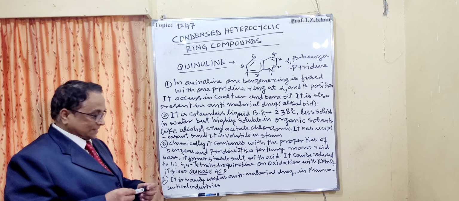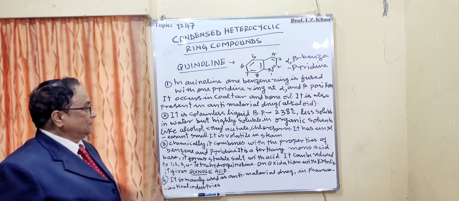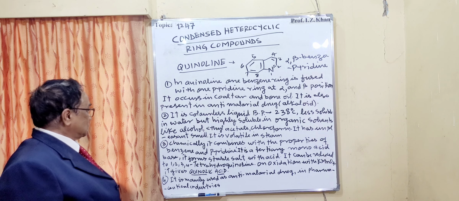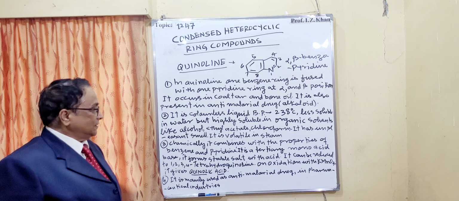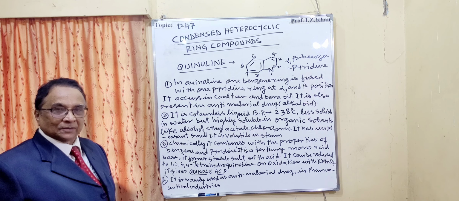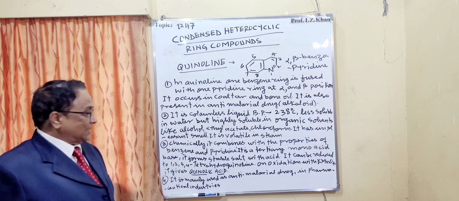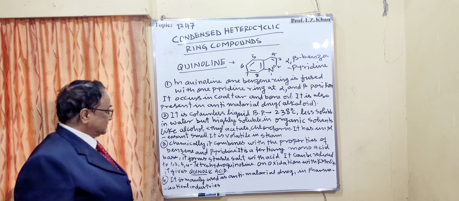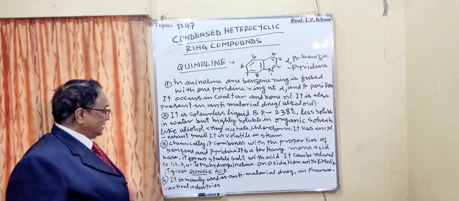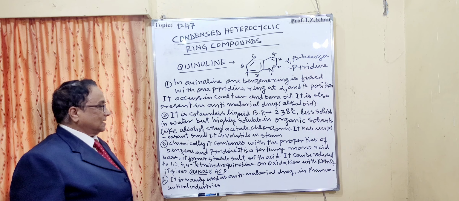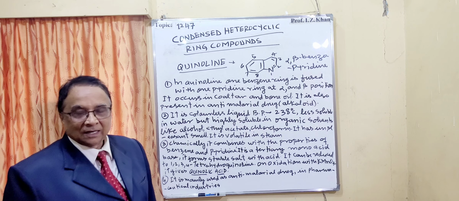It forms a stable salt with acid. It can be reduced to 1,2,3,4-tetrahydroquinoline, and on oxidation with potassium permanganate, that is KMnO4, it gives quinolinic acid. It is mainly used in anti-malarial drugs and in pharmaceutical industries.